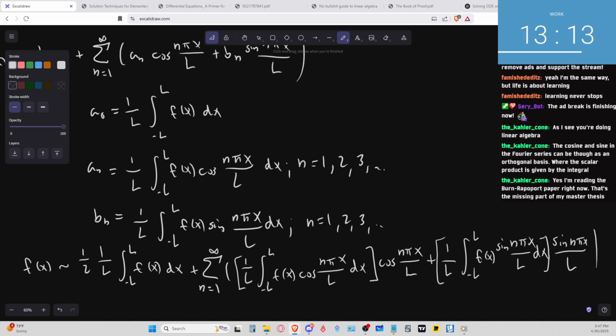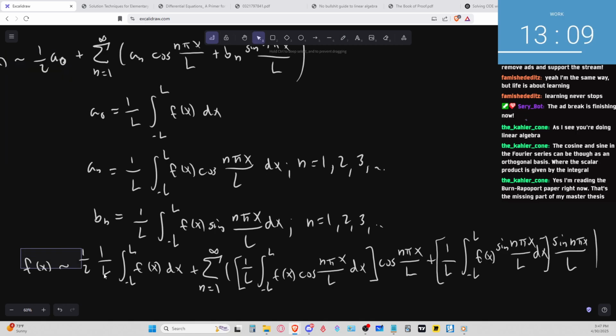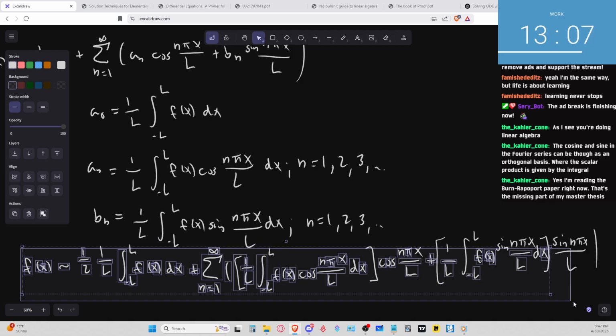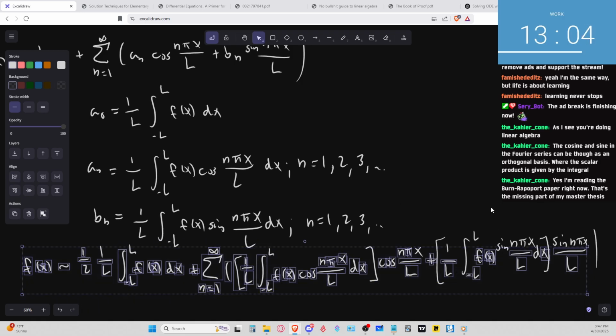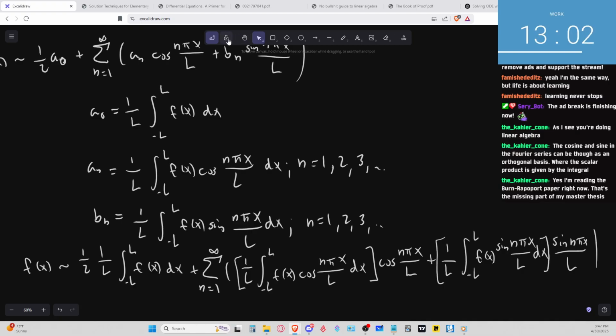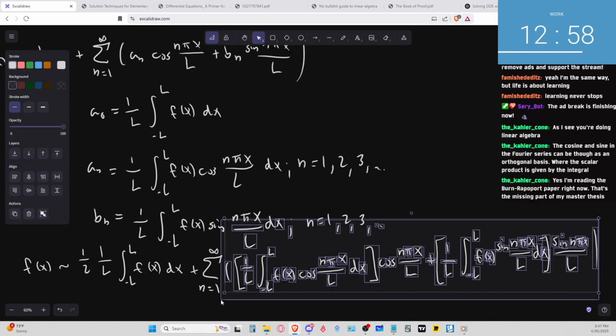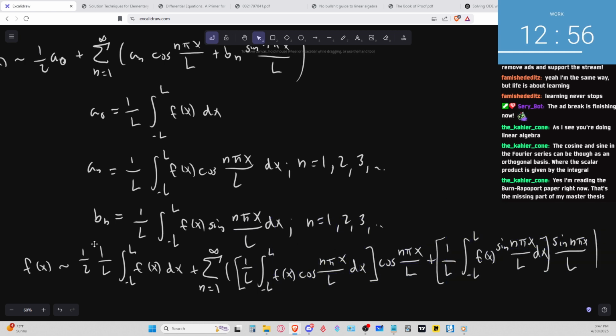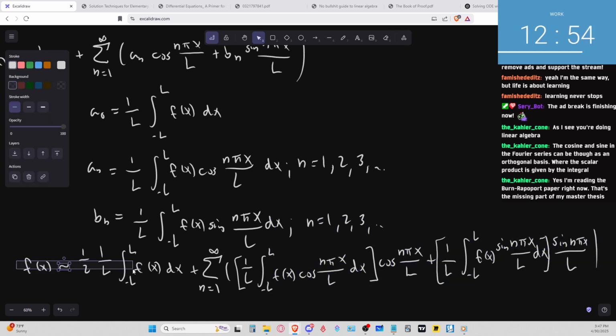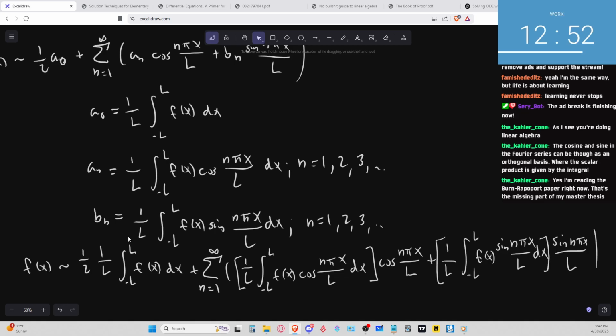Actually, that looks pretty. Oh no, it's not covering all of it. I hate that. Dang, I wrote it too crooked. If I wrote it straight, it would work. Oh well.